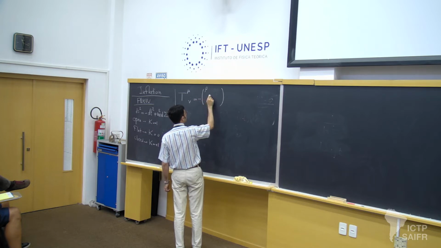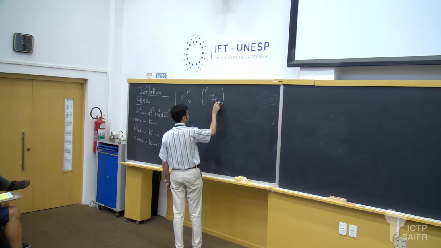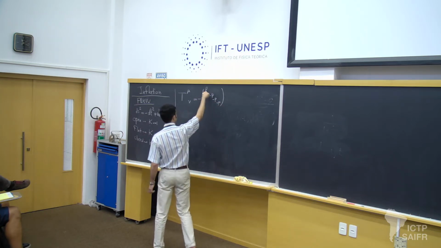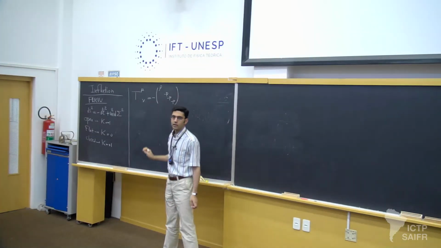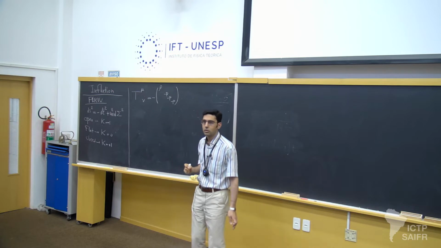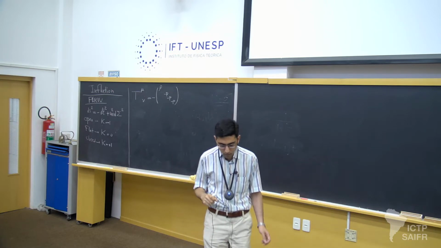These spatial elements I'm going to call P, so these are pressure. So I have energy density and the pressure. And then all of the other components of T mu nu are equal to 0.